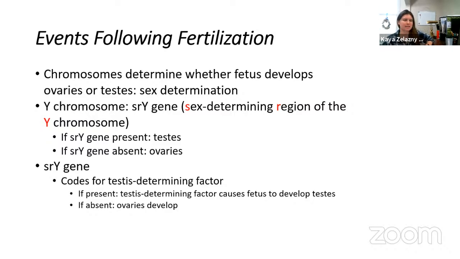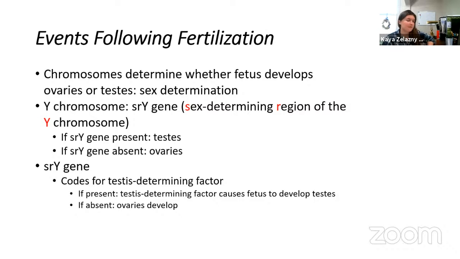And testis determining factor determines whether you will produce testes. So if you have this SRY gene, you will produce testis determining factor, which will lead to the production of testes. In the case that a Y chromosome is absent, development still happens. Embryology still follows a normal course, and you still develop some type of reproductive system.